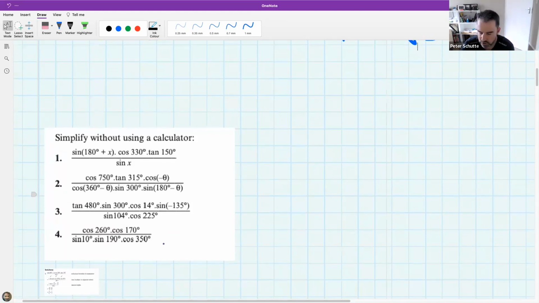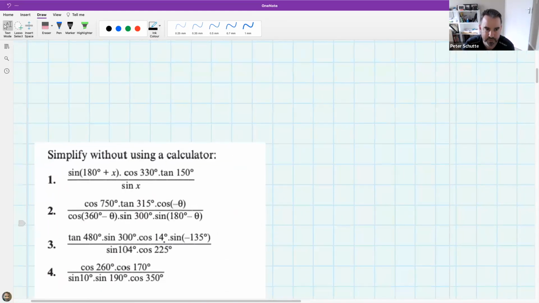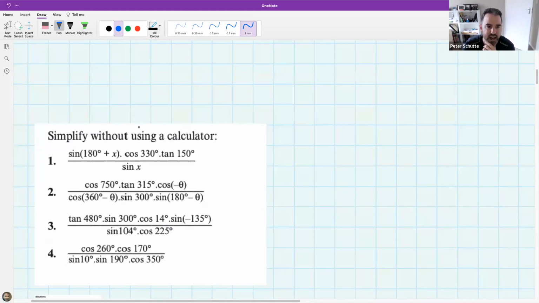So to start off today, you are going to try and simplify without a calculator a question that I am highlighting in yellow. And I'm going to give you 2 minutes to do that. See if you can simplify this without a calculator. And if there are questions, if you're uncertain, I want you to pop your hand up and we can have a little chat.